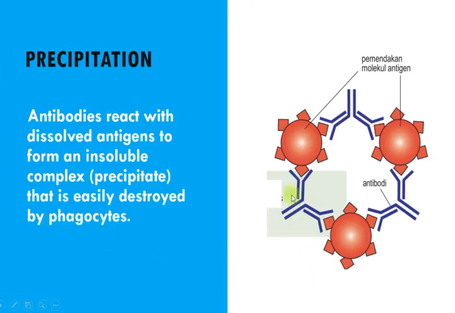So the antibodies will bind with the antigen of the pathogen and make the pathogen precipitate. When it precipitates, it will be easier for the phagocytes to destroy it. That is the precipitation.